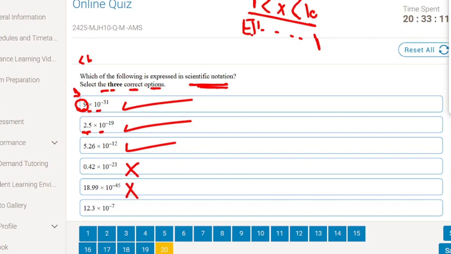This is not scientific notation because this number is bigger than 10. And the last one, 12.3 multiplied by 10 to the power of minus 7. This number is bigger than 10, so it will not be a scientific notation. So the only three which we have here are 9, 2.5, and 5.26, and the form is 10 to the power of numbers, okay?